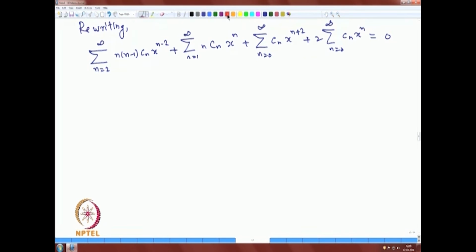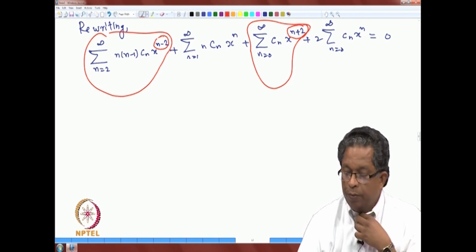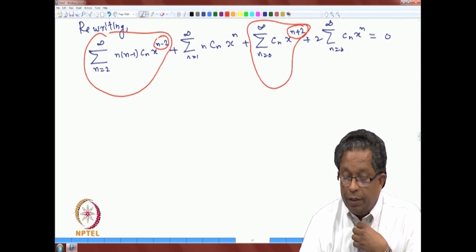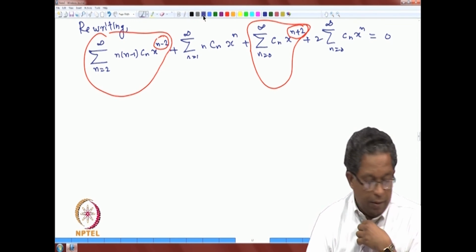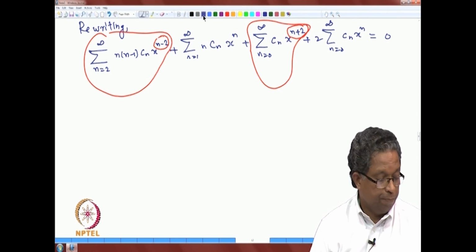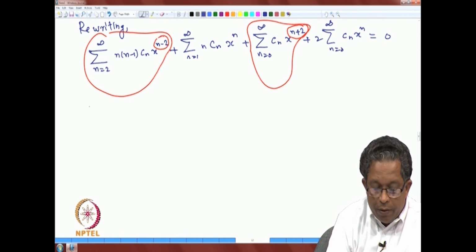Now, look at the first term and the third term. In the first term the index is n minus 2, in the third term the index is n plus 2. We want to make all the same uniform index, x to the power n. So, we can rearrange as follows.